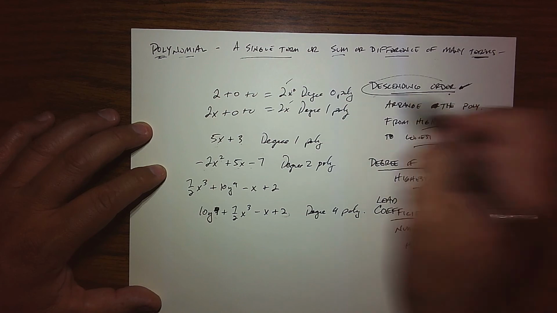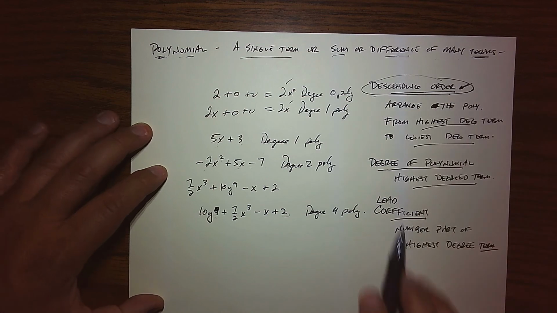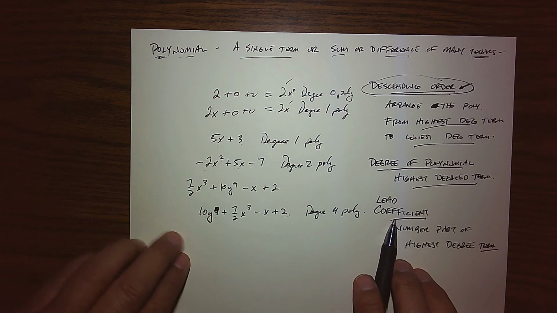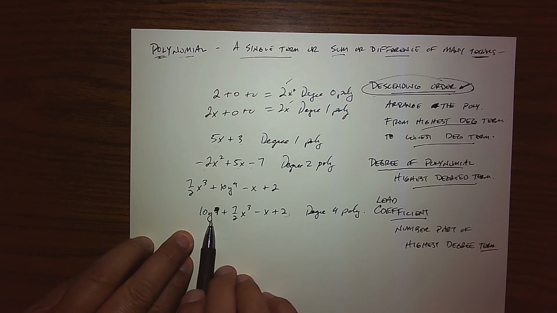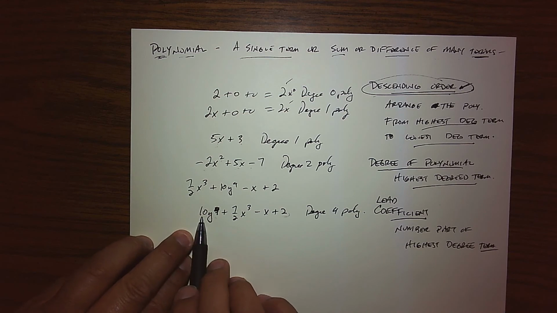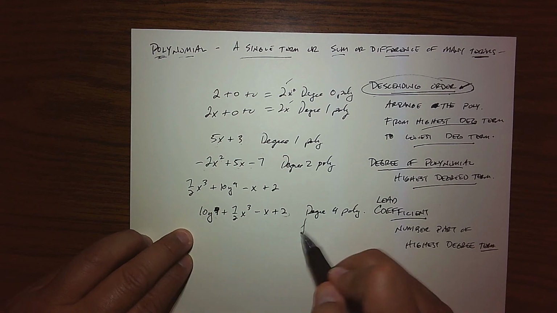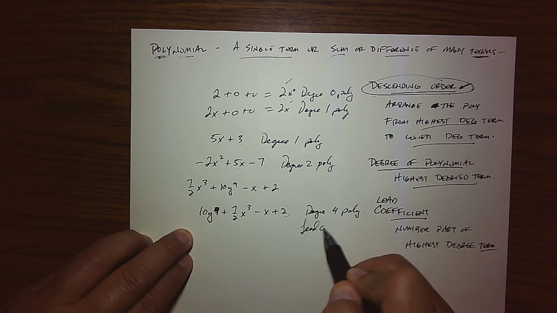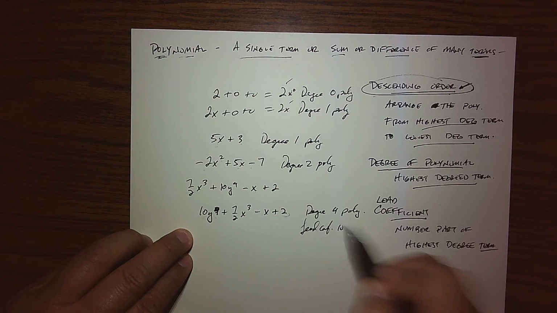And if you put your polynomial in descending order, you can almost see why we call this the leading coefficient, because there's my highest degree term. It's up here in front, so there's your lead coefficient. Essentially it's the first coefficient that we see because of the descending order. So my lead coefficient in this example would be 10.